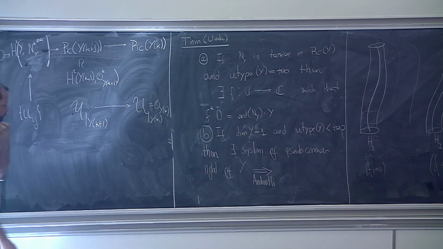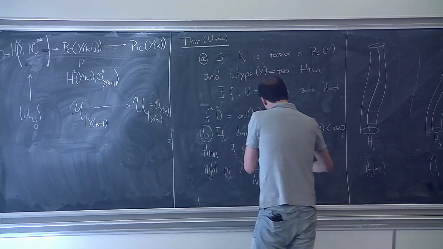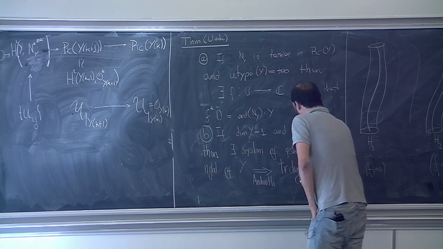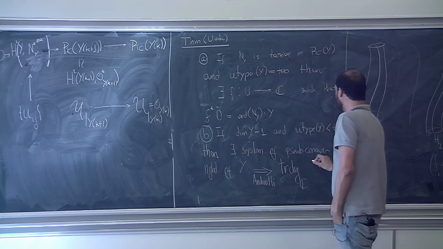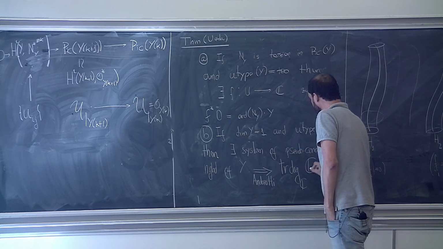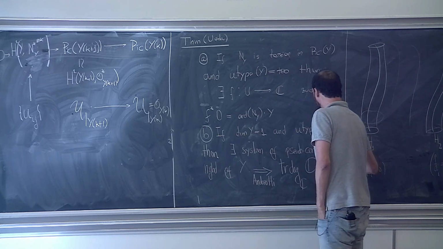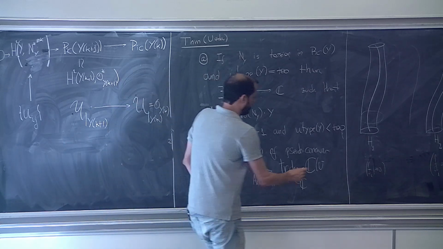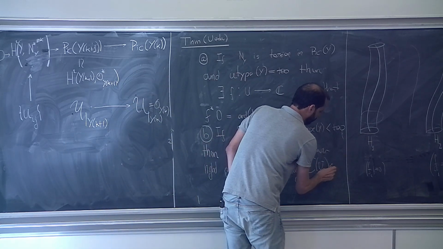This implies that the transcendence degree over C of the field of meromorphic functions on U, or the germs of meromorphic functions on U along Y, is at most 2 times the dimension of U.